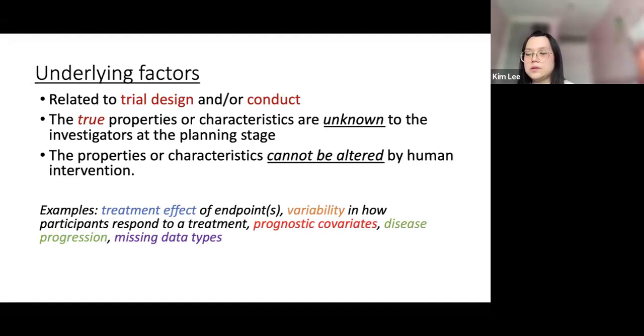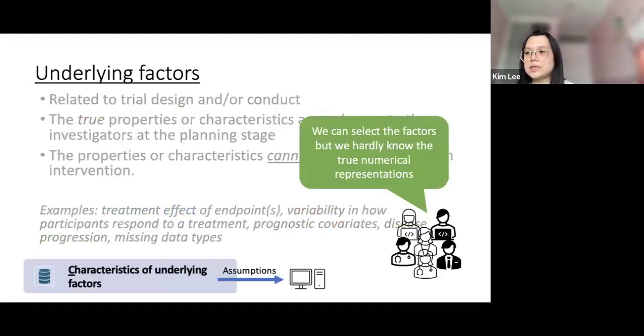missing data types. In practice, investigators can select the factors to include in the study and clinical trial simulation, but they hardly know the true numerical representations. For example, they can choose the number of days alive and out of hospital as the primary endpoint instead of a mortality endpoint.